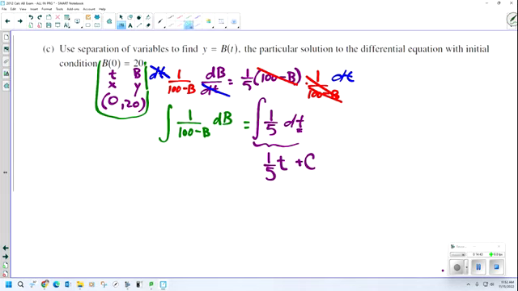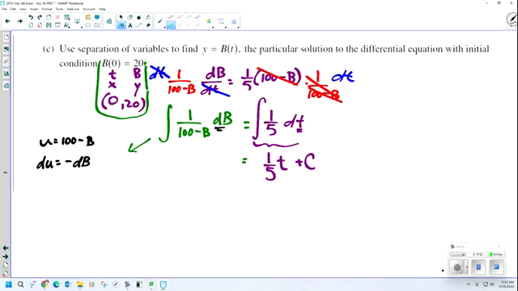All right? That's going to equal, oh boy, let's do a quick little u-sub here. I'm going to say u is 100 minus B. So du is just going to be negative dB. Well, I only have a dB. I don't have negative dB.